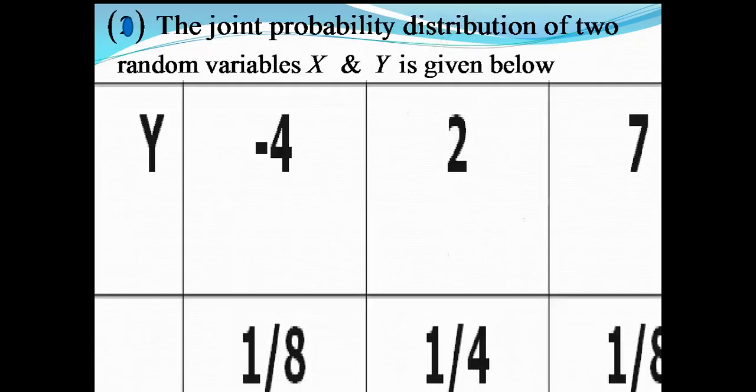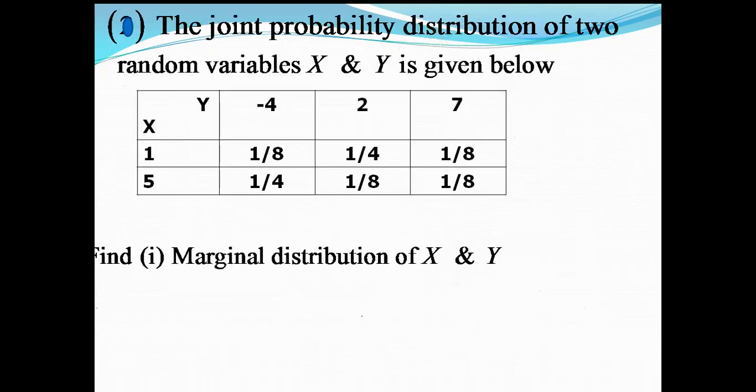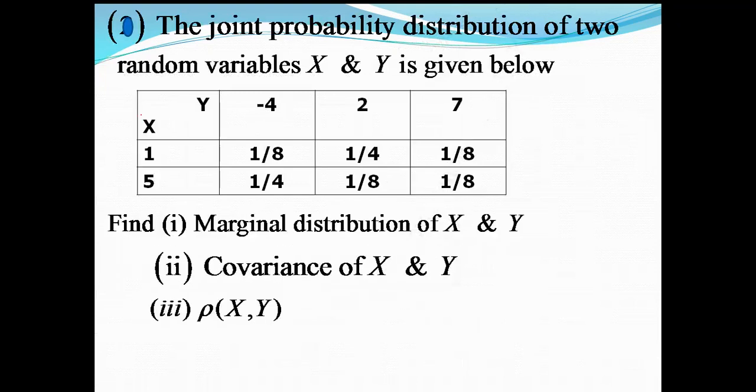The first problem: the joint probability distribution of random variables x and y is given. As I already mentioned, this value is the x value. This represents x, this is our x1, and this is x2.